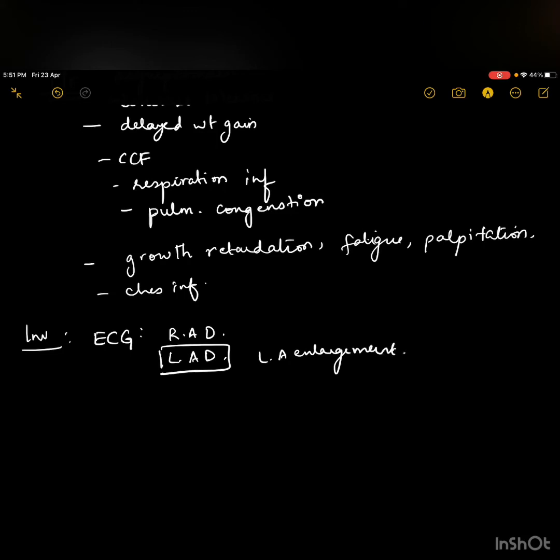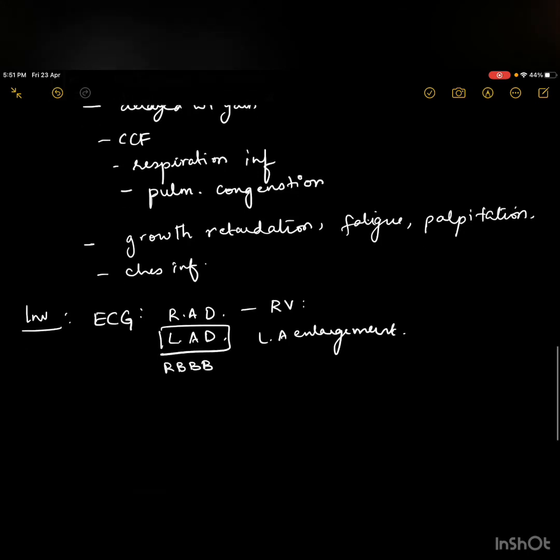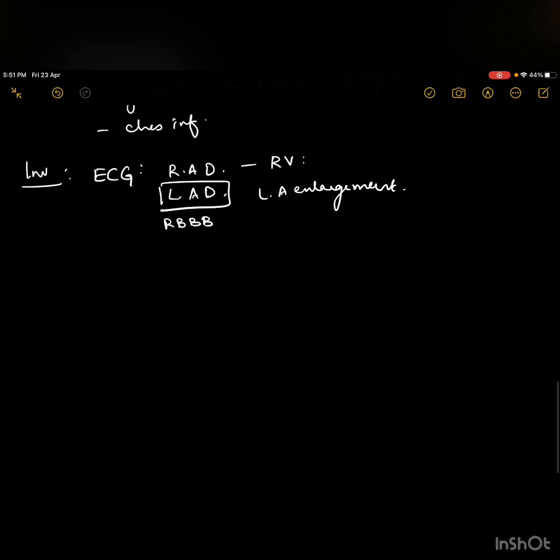A right axis deviation can occur when there is right ventricular enlargement because of increased blood flow into the right ventricle from the left ventricle, and an RBBB can also be seen. But then again, ECG in the pediatric age group is not the most reliable form of investigation for coming up to a diagnosis.